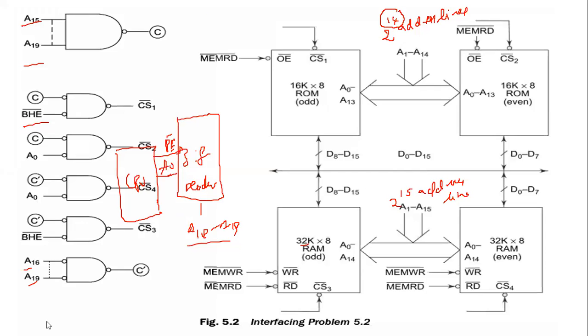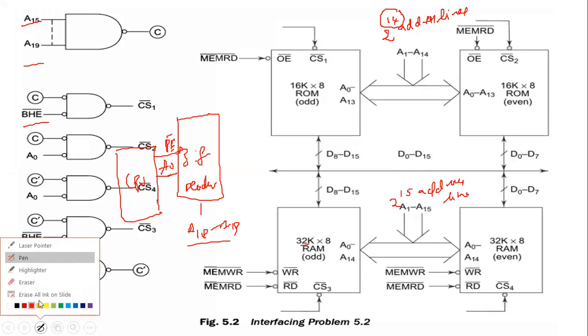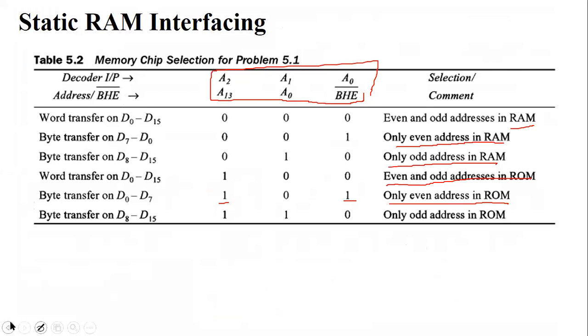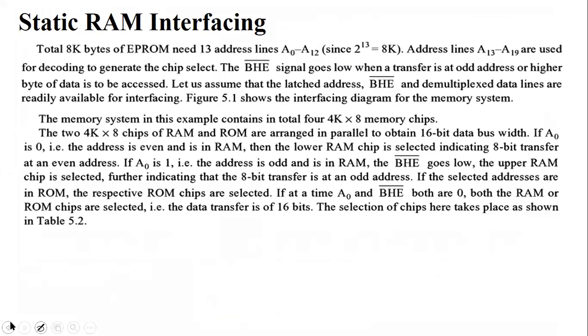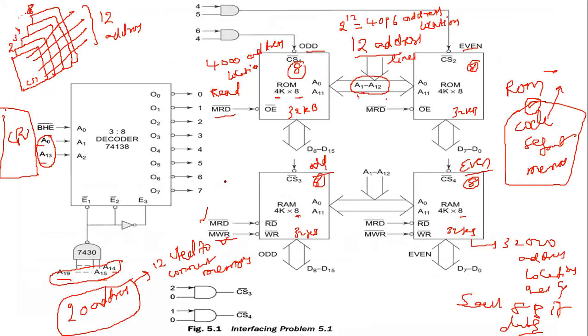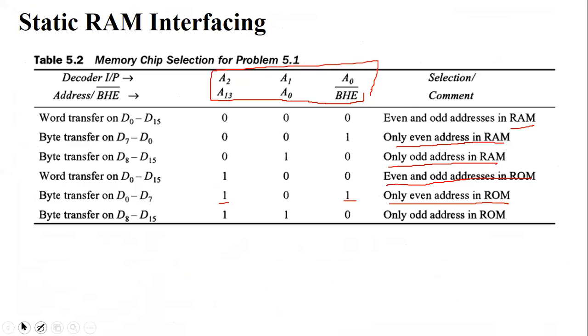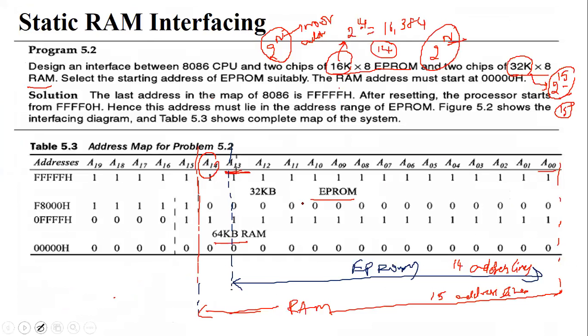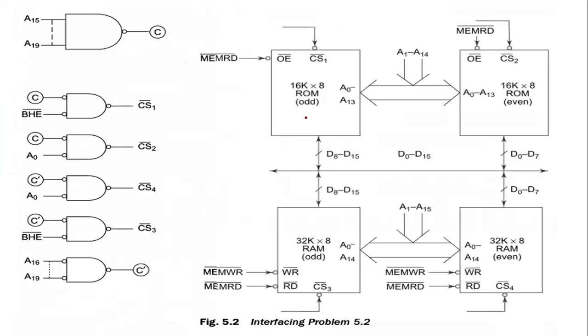Likewise, you can draw it in this diagram way also, or otherwise just take this. See this ROM, EPROM, even and odd. Again, you should draw any of the static and dynamic RAM. You must represent the even address and odd address memory locations.